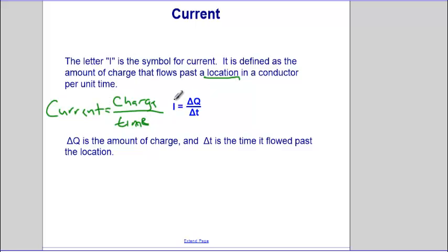So current is I, charge is Q, just like our study from electrostatics, and time is T. And the units for current are amps, which we'll define in a second, which are coulombs per second. Q is the amount of charge, T is the amount of time.